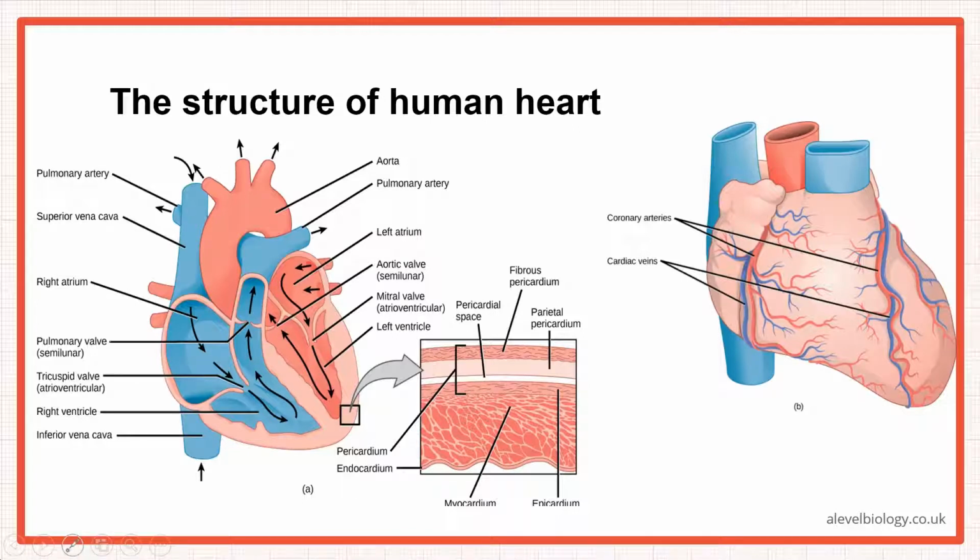There's something very interesting about the cardiac muscles. They're considered to be myogenic, and myogenic means these muscles can contract and relax on their own. They're not under nervous or hormonal impulses at all.